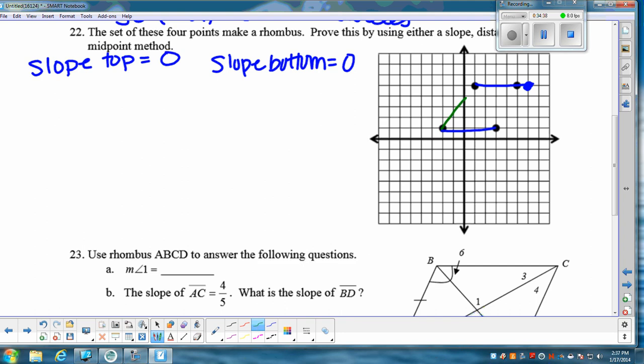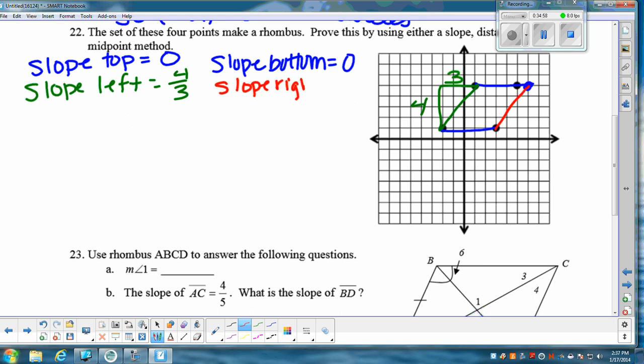The slope of the left side is up 4 over 3, so it's 4/3. And then the slope of the right side is also up 4 over 3. So we do have that our opposite sides are parallel.